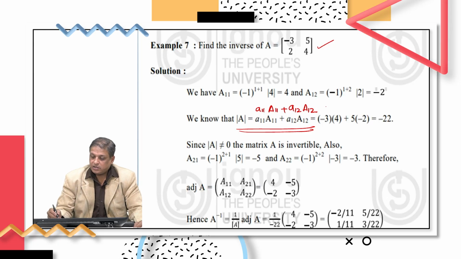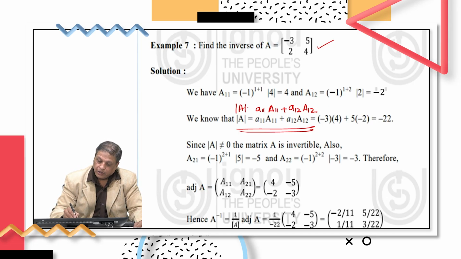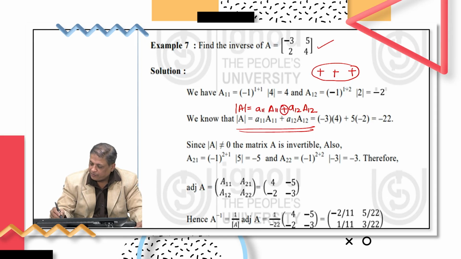We discussed why we calculate the cofactors: when we calculate determinants in the normal way, the polarity of the sign changes, plus, minus, plus, and so on. In order to remove this change in polarity so that the total result remains in additive format, we calculate the cofactor. So the determinant can also be calculated by A11 and A12, the first row, second column element, with capital A11 and capital A12 being the cofactors.